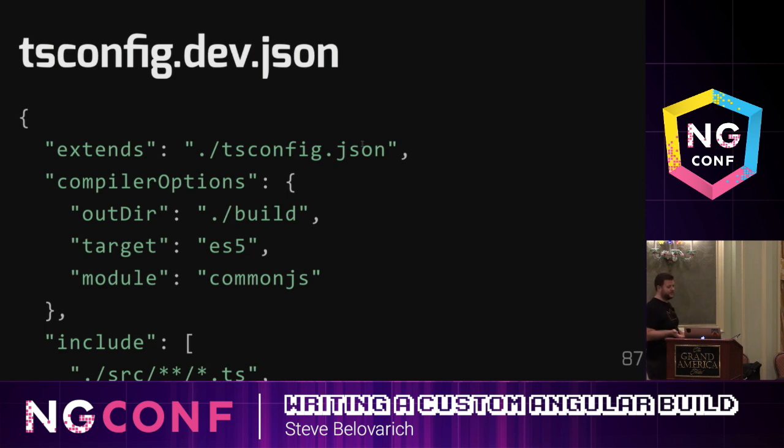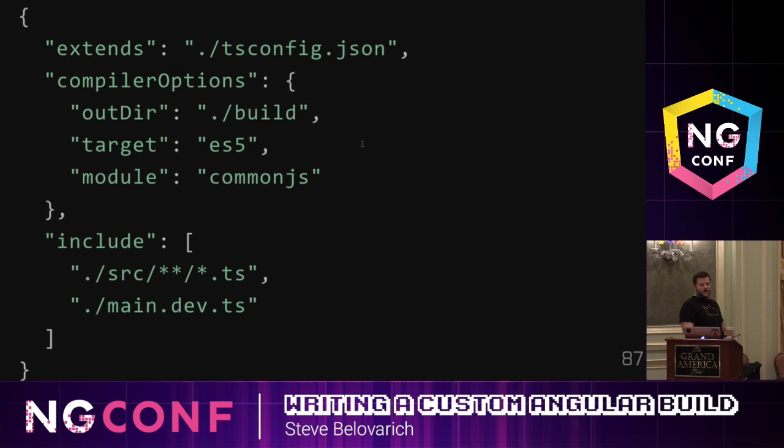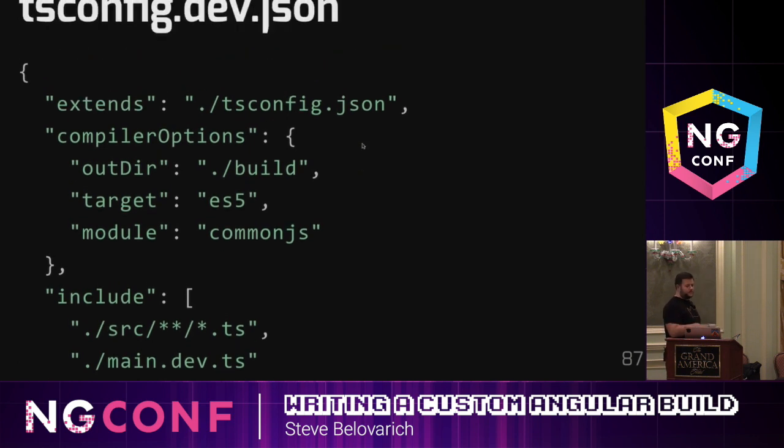So we have this tsconfig.dev.json, which extends tsconfig.json for our development build. We're extending it because our development build is going to output the ahead of time compiled Angular application in the build directory for development.